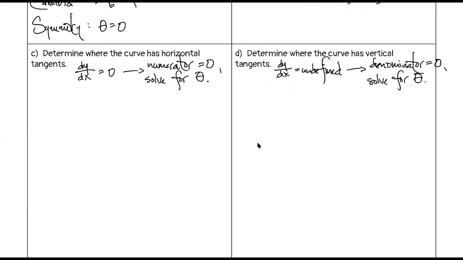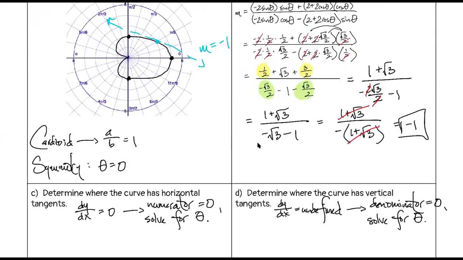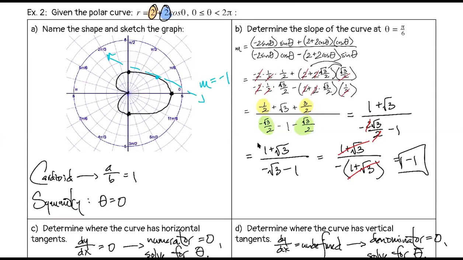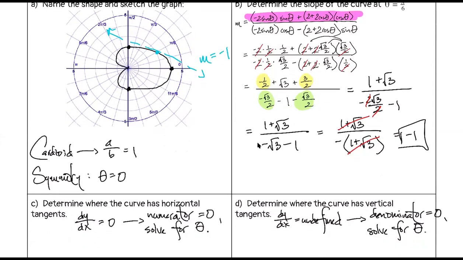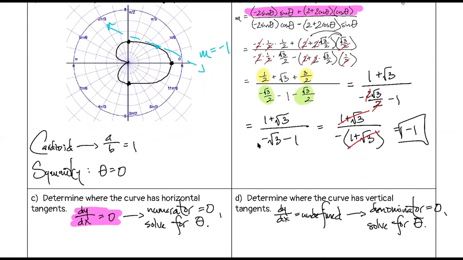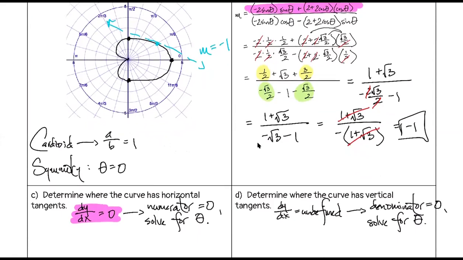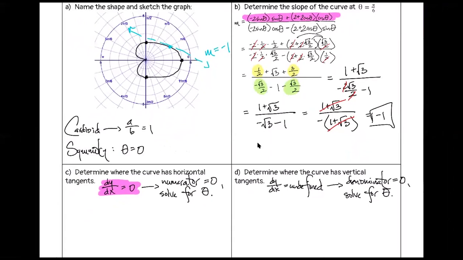All right, so let's take our numerator from above. So what am I going to set equal to 0?